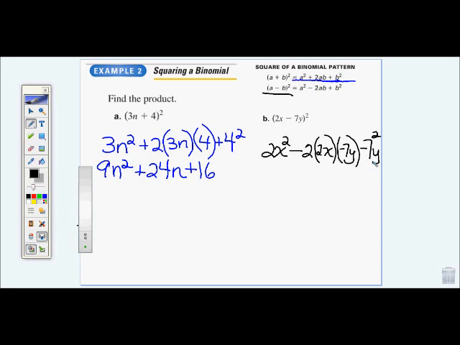Now my next step would be to go ahead and multiply or simplify anything I can. So I would get 4x squared, and then I would get a negative 2 times a negative 7y. That's going to give me a positive 14y times 2, which is going to give me a positive 28xy.